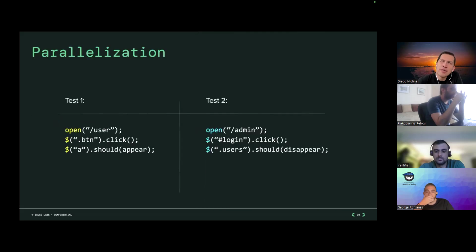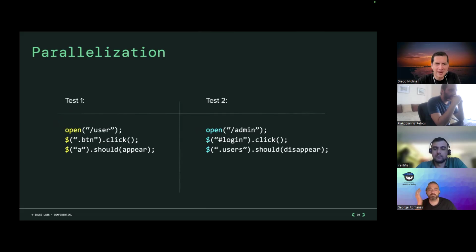I saw recently one of these live streams where somebody was interviewing, I think, a Playwright ambassador. They were saying that Playwright is faster than, I think, WebdriverIO or Selenium, I don't know, because it runs tests in parallel by default.